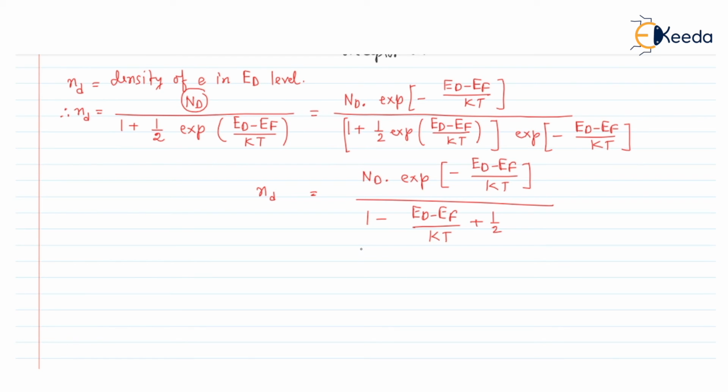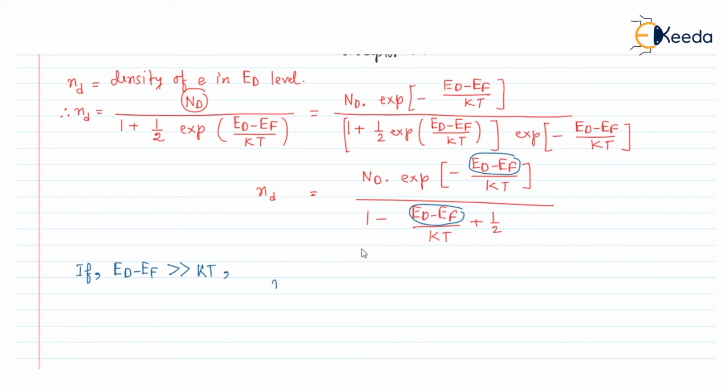Now this Ed minus Ef value, generally for a semiconductor, is much greater than kT. Generally it happens.